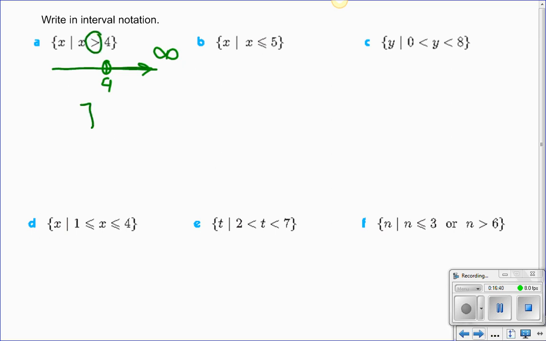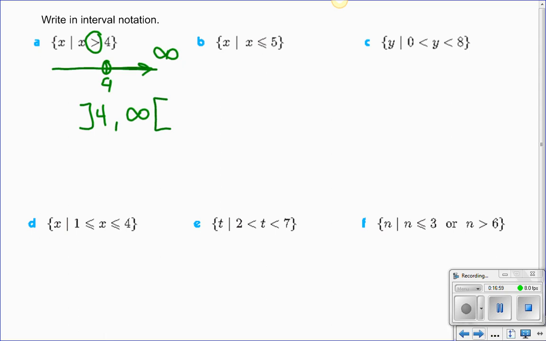So it's going from 4 all the way to infinity. And infinity doesn't stop at a certain point. It's not like all of a sudden we've reached 1,000,000 and then we're at infinity. No, we can always go a number bigger, right? So we don't ever include infinity or negative infinity.